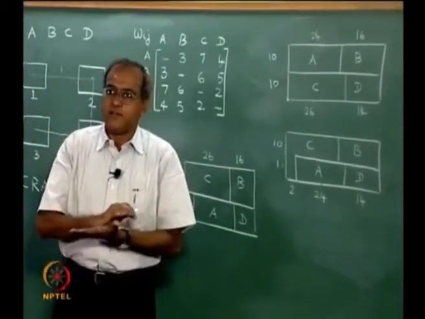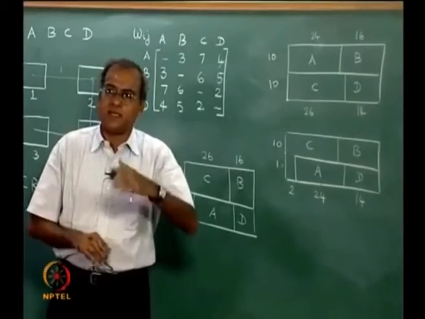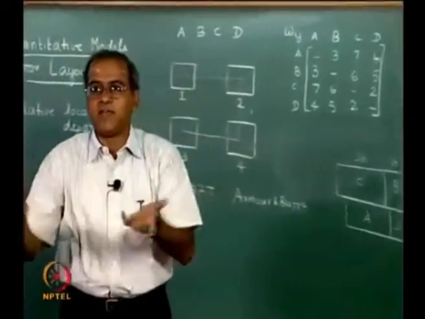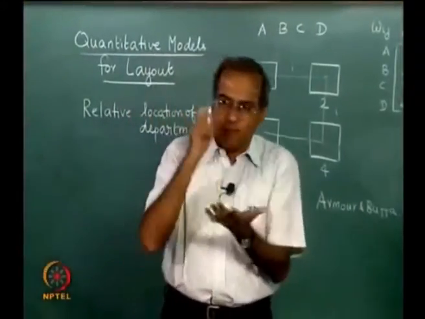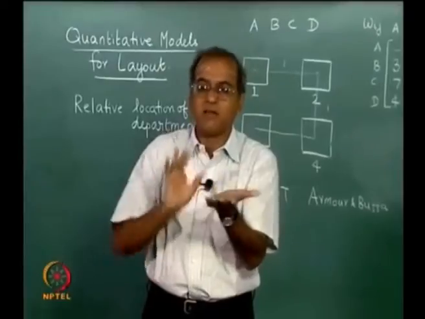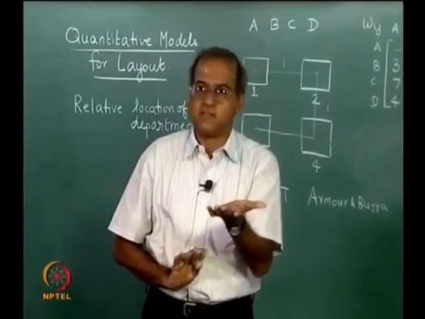So, ordinarily we do not try to optimize the distance amongst the various cells, because the very principle of cellular manufacturing, the material movement among the cells is very less.